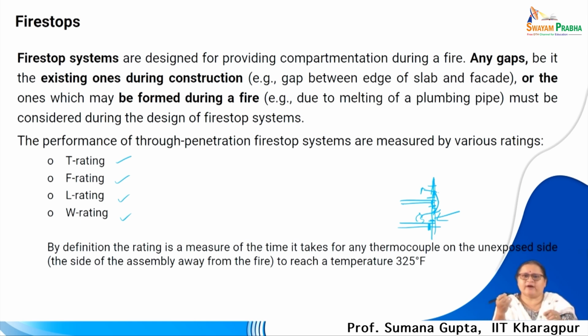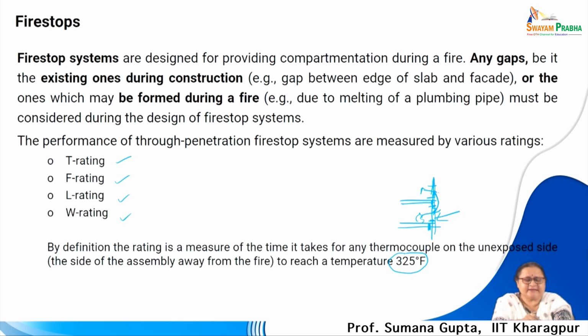Now, if you go further into the subject, you will see these are against the temperature rating. By definition, the rating is the measure of the time taken for a thermocouple to pass from the exposed area to the unexposed area. To reach a temperature of say 325 degrees Fahrenheit will be the T rating. To reach a temperature of 400 degrees Fahrenheit, it will be, I think, the L rating.